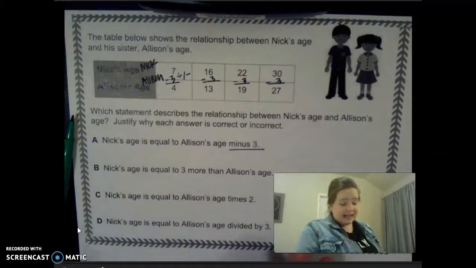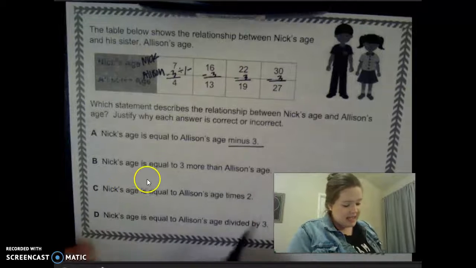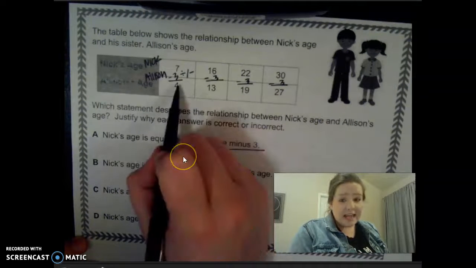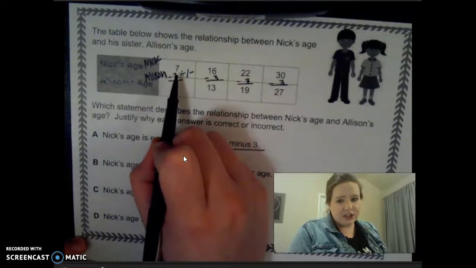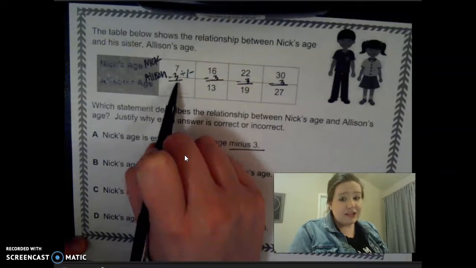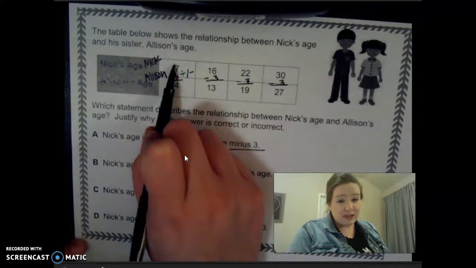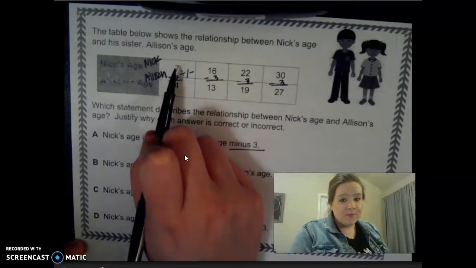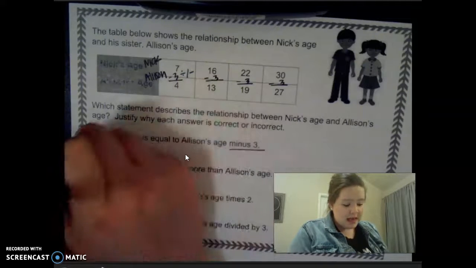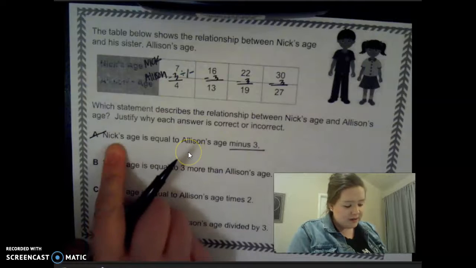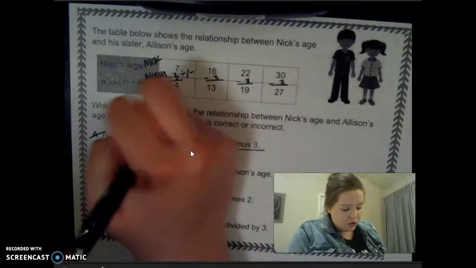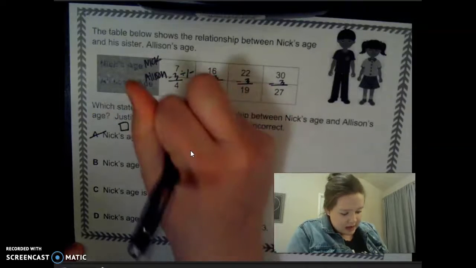But what this is saying is that Allison's age minus 3 equals 7. Is that true? 4 minus 3 equals 7? No. Nick's age is not equal to Allison's age minus 3.